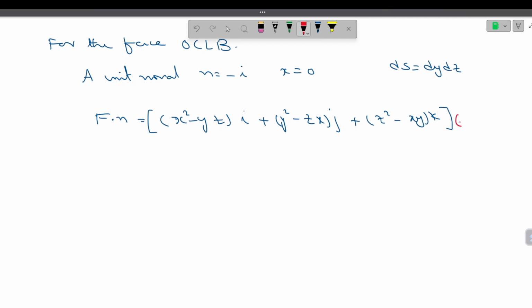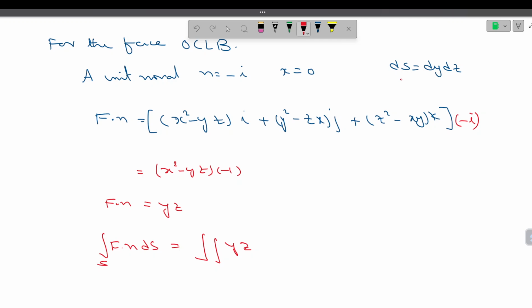What is our n? Minus i. So x is 0. x square minus yz of minus i dot i is minus 1. So x is 0, minus of minus is yz. F dot n. So integration taken over the surface S2 of f dot n ds is double integration yz. What is ds? dy dz.